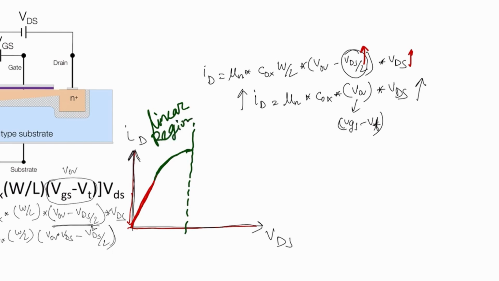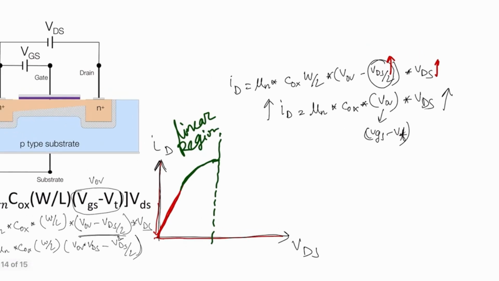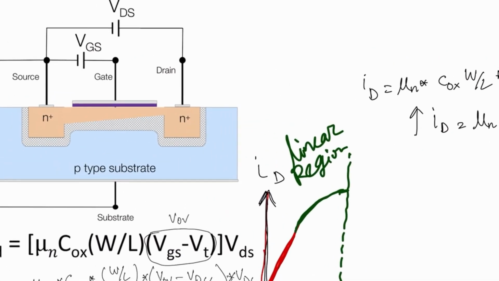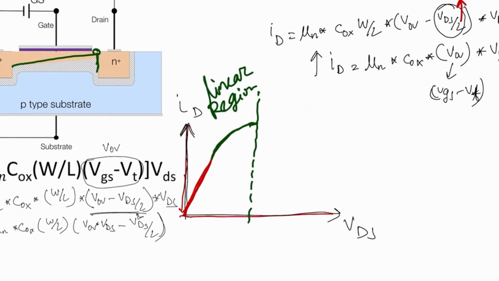Okay. Again, after that, if we increase the VDS furthermore, what will happen? The channel resistance will increase more, and there will be one point which we call the pinch off voltage. Okay, that's the pinch off point. That means this channel will be very narrow. And after that, if we increase the VDS, the current will not change anymore, it will be constant.